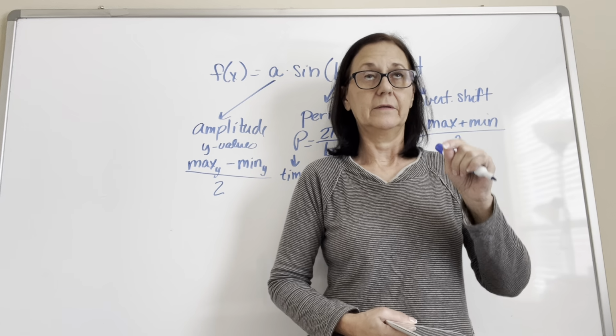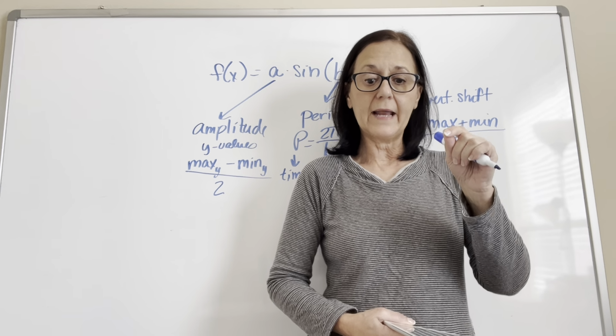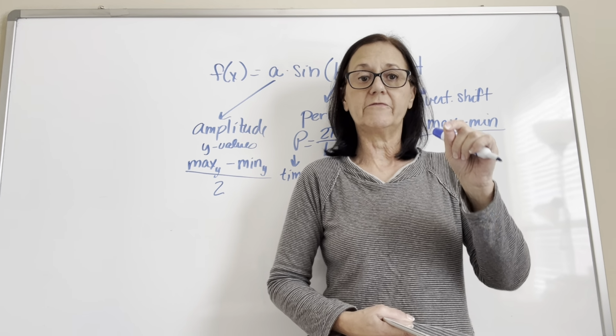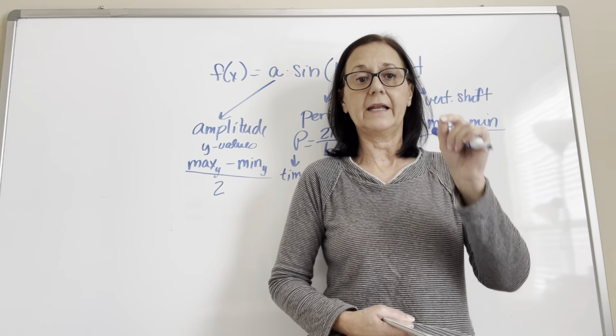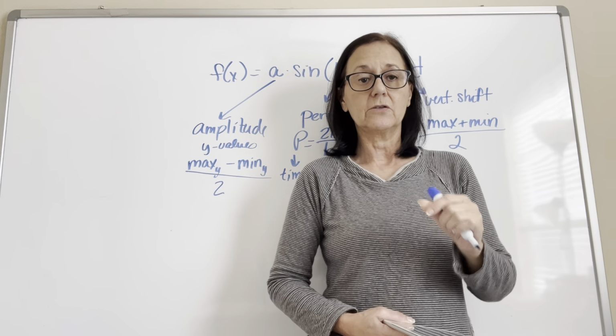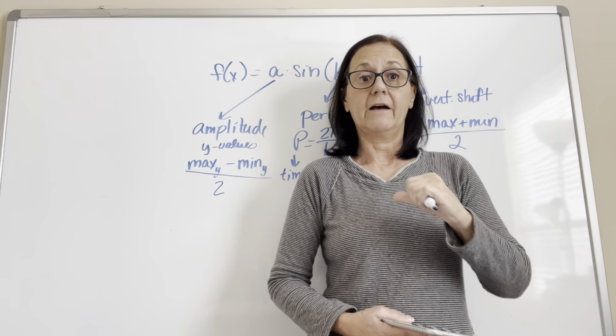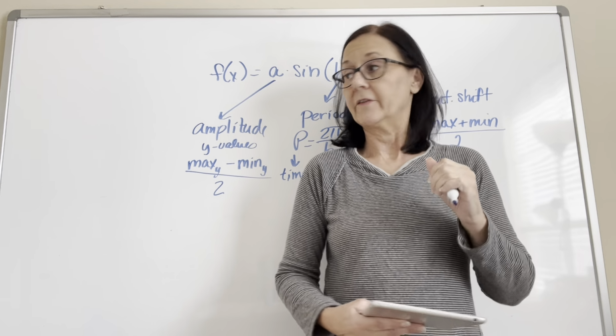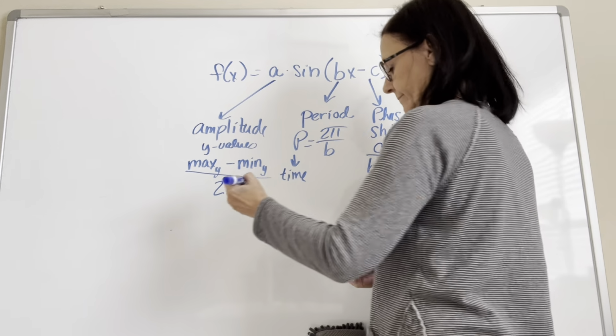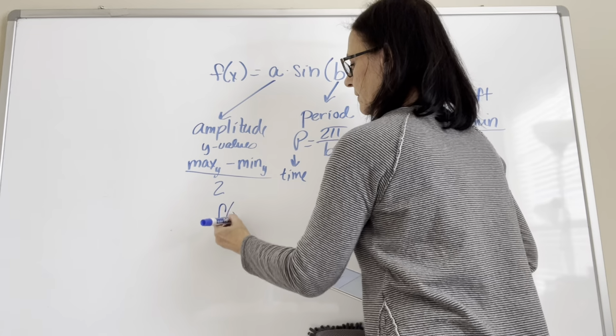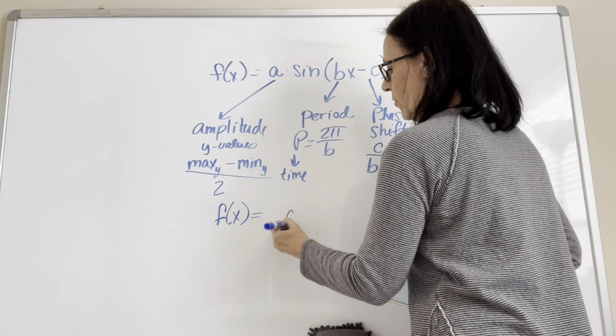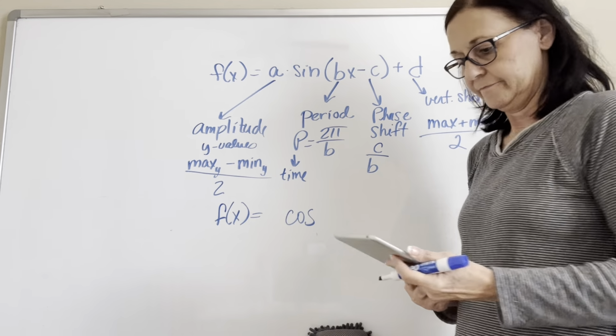It's up. So automatically, I think it's the cosine function. Visually, it's the cosine function. So if I'm writing a function for it, I'm using the cosine. So f of x, and I'm going to use the cosine.